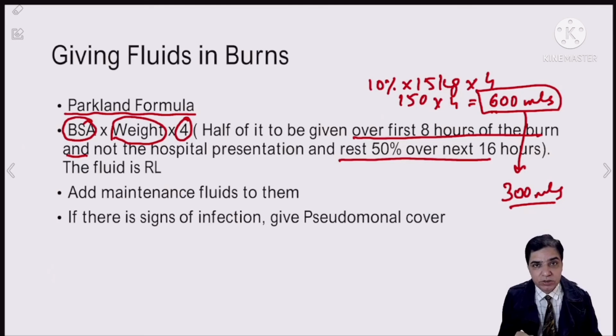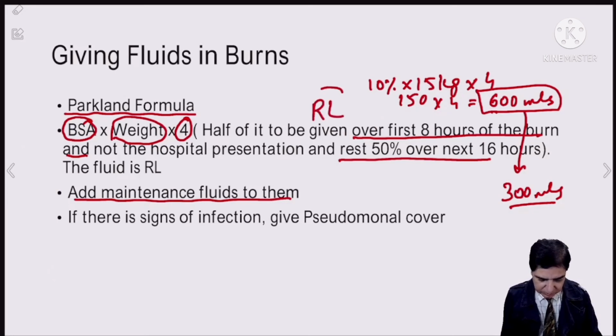Now this does not include the maintenance fluid. To this you would add maintenance fluids. For burns we use Ringer's lactate as resuscitation fluid, or if nothing is available then you have to use normal saline. Maintenance fluids are 0.9% saline with 5% dextrose.